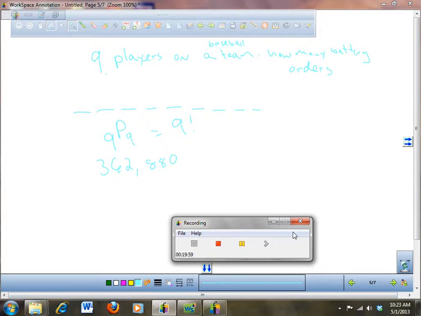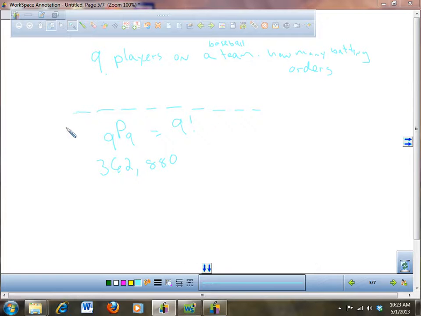So Austin asked, how would that change if there's 11 players on the team, right? So that would be 11 permutation 9, because you have 11 players with 9 spots to put them in.